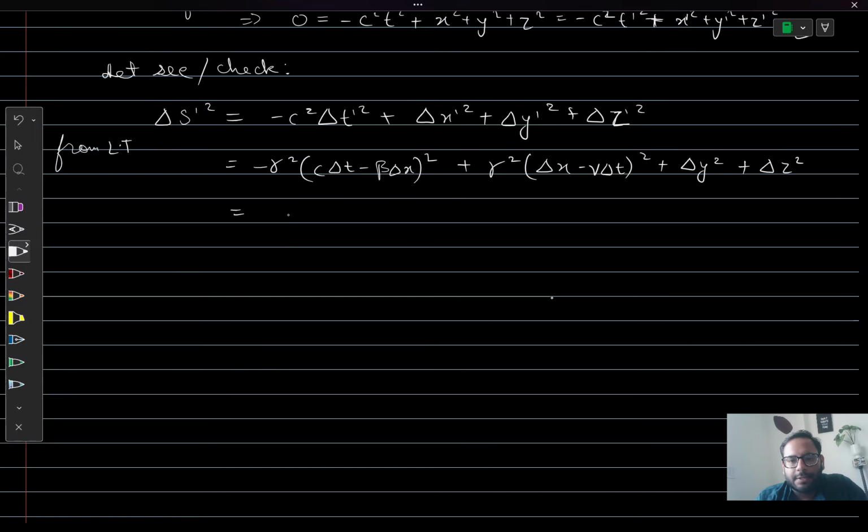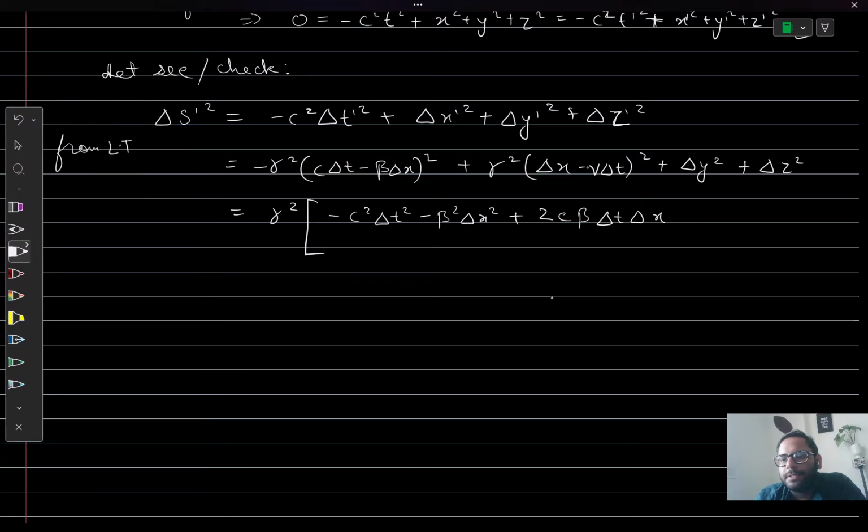So now you can expand both sides, but before that you can take the gamma squared common. So we will see that minus c squared delta t squared, and minus beta squared delta x squared, and this would be like minus, but due to this minus it will be plus c beta delta t and delta x, right?